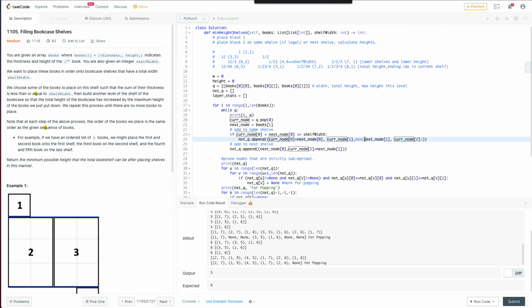In this case, I add the difference. So I add 0, where I say, well, this height is bigger than the current layer's max height by, let's say, 1. Then I add 1.